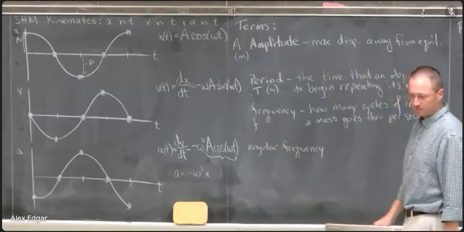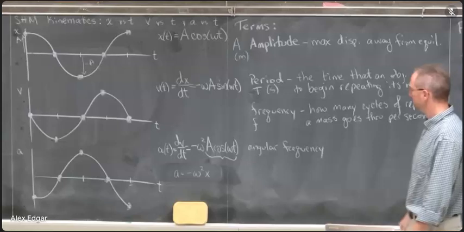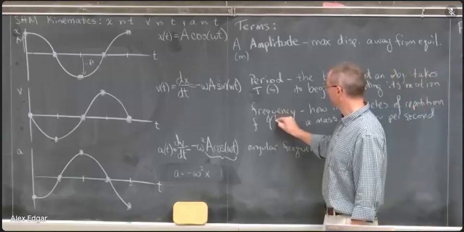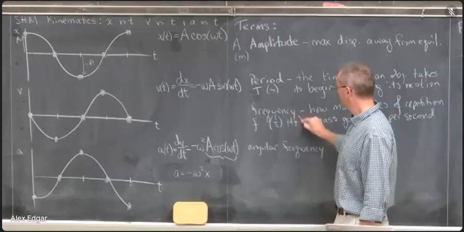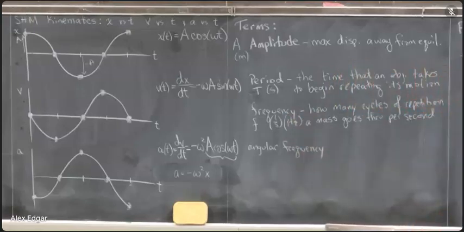We use the variable lowercase f, and that is measured in 1/seconds or hertz. HZ is the abbreviation for hertz. Yes, that's hertz, like the car company, like the rental car company.